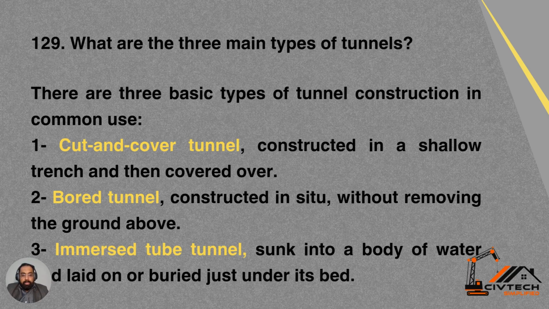Cut and cover tunnels are constructed in a shallow trench and then covered over, and bore tunnels are constructed in situ without removing the ground above. And the third one is immersed tube tunnel, sunk into a body of water and laid on or buried just under its bed. So these are the three major types of tunnel with respect to their construction.